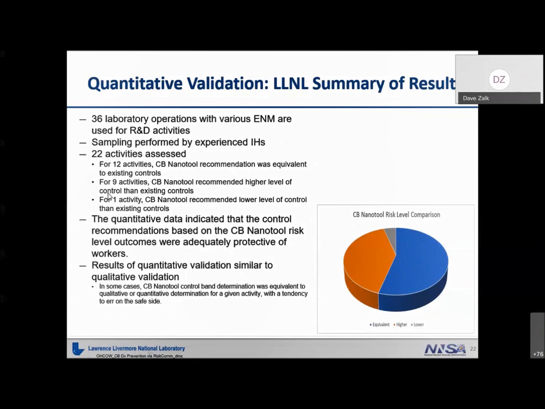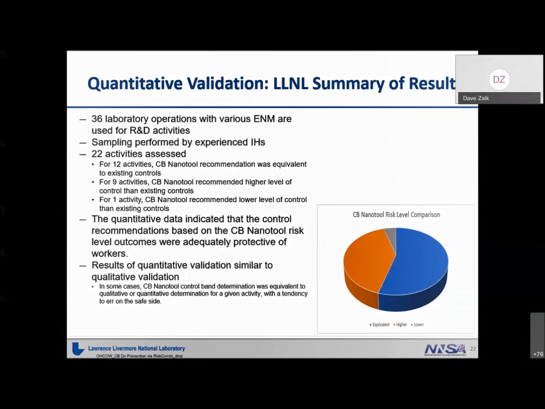21 of 22 activities fit the risk level outcome. 12 of those were considered to be consistent with the risk level outcome. 9 of those ended up having a control band at a higher level than the actual airborne measurement, which is really where you want to be. You want to lean to the conservative in a qualitative system.